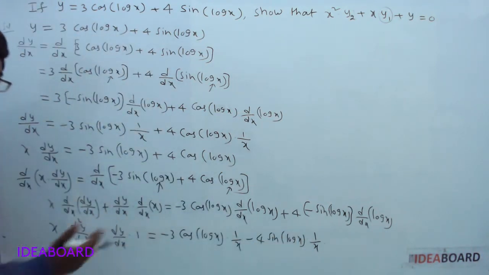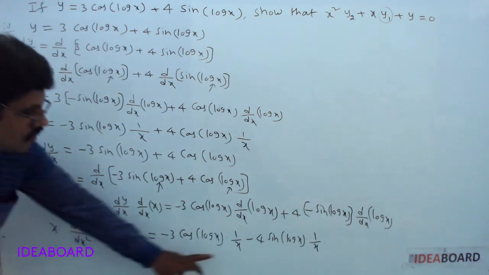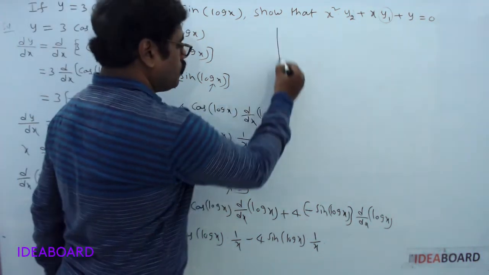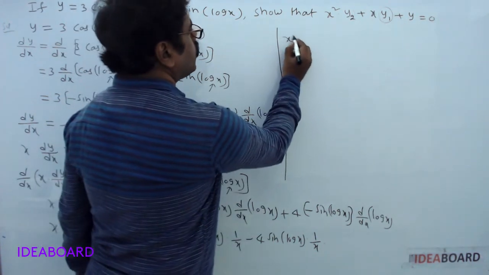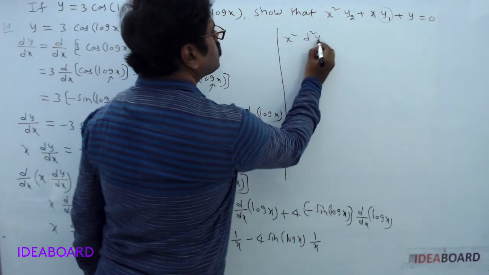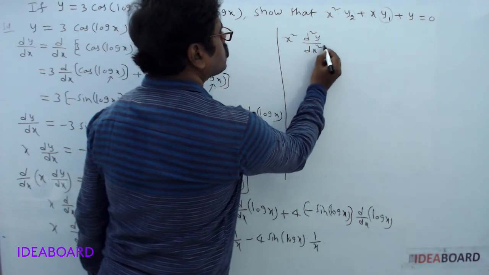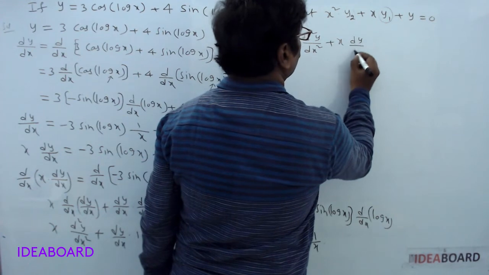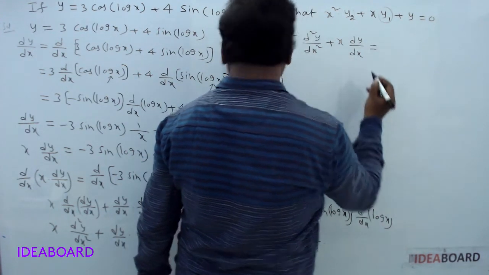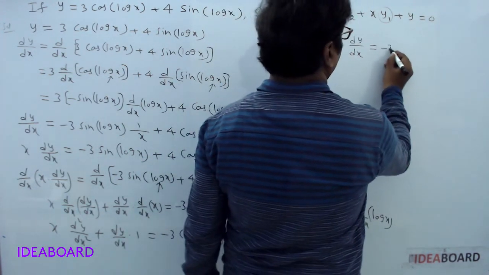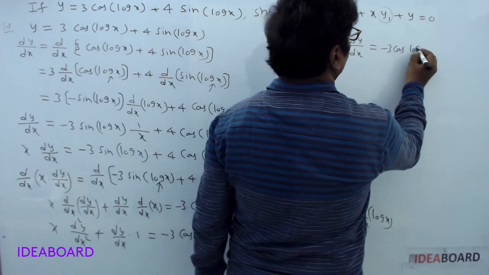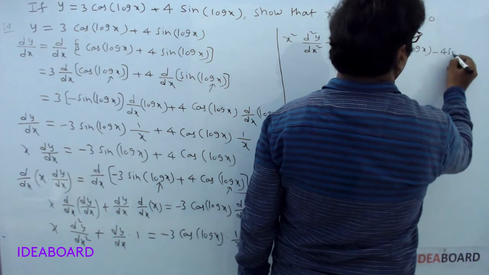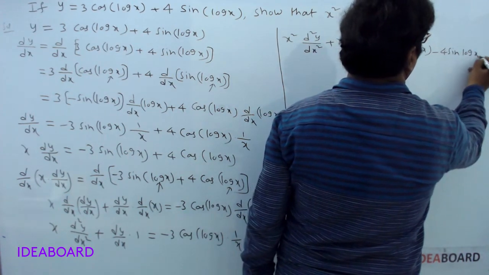Now multiplying this equation on both sides with variable x, it should be x square into d square y by dx square plus x into dy by dx. This equals minus 3 into cos of log x minus 4 into sine of log x.